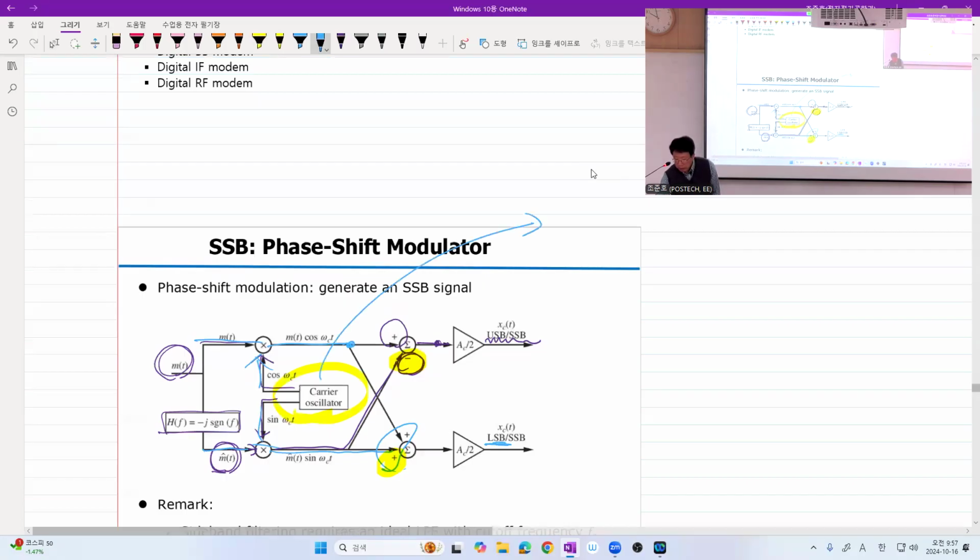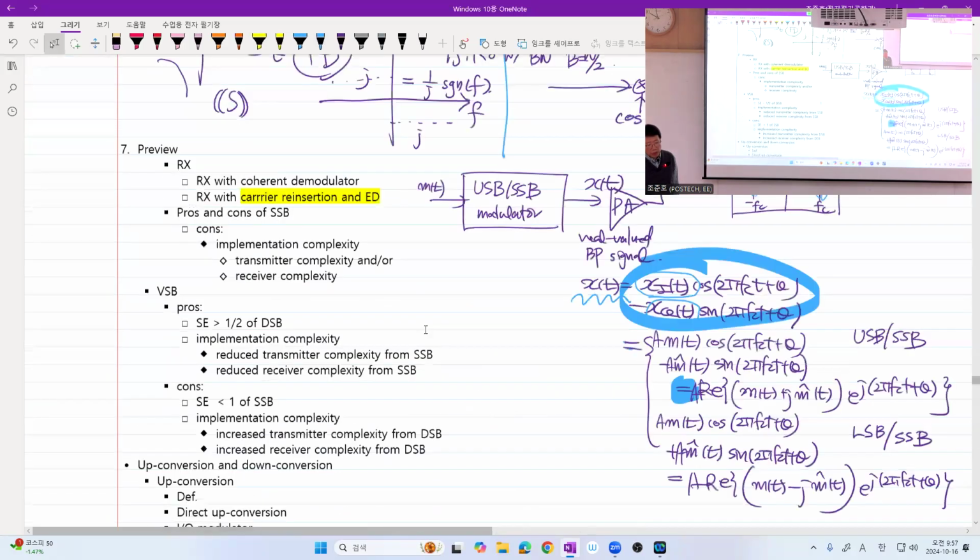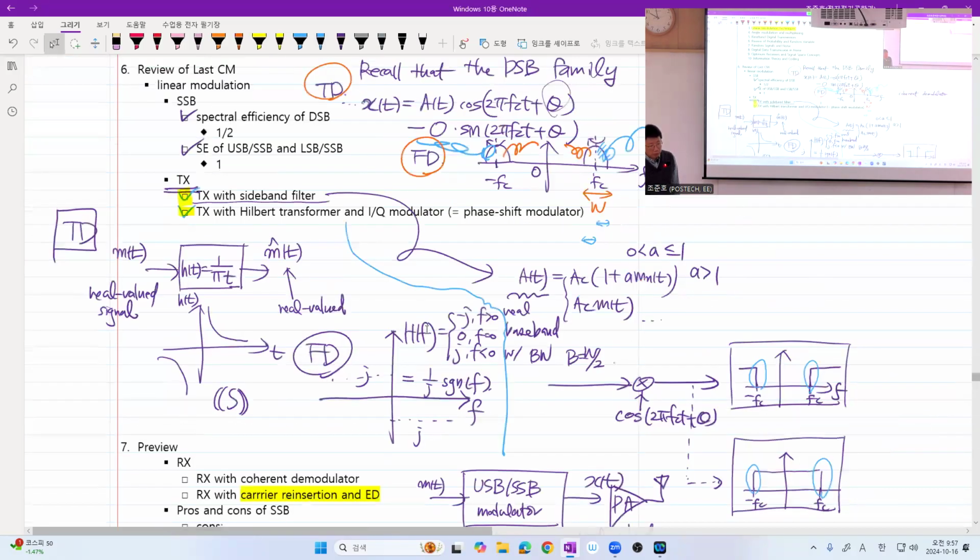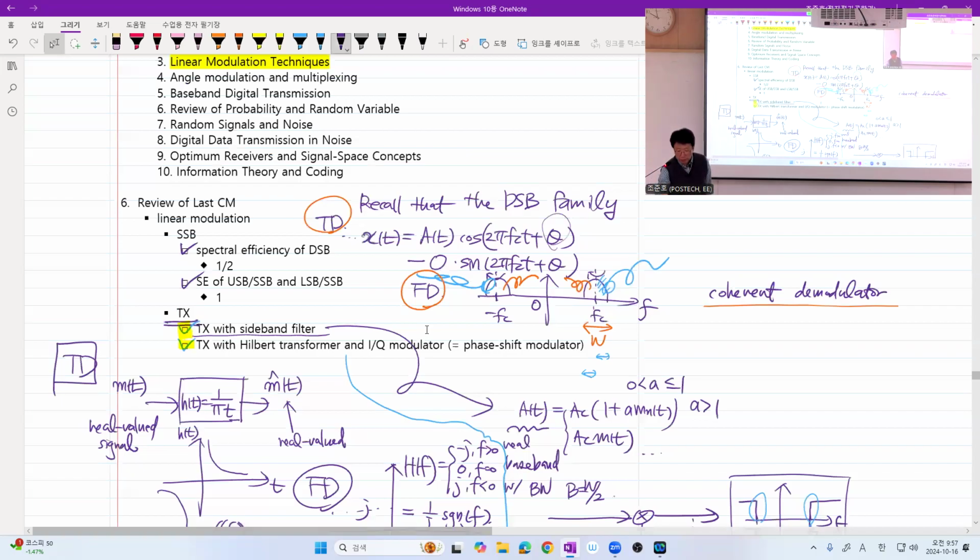This local oscillator generates some signal, and we have a 90-degree phase shifter so that we have cosine and sine. Got it? So that's why this type of modulator is called phase shift modulator, for example, in our textbook. But I prefer this terminology, IQ modulator.